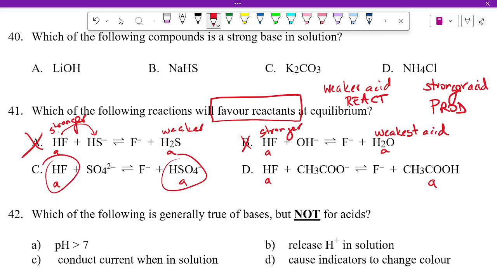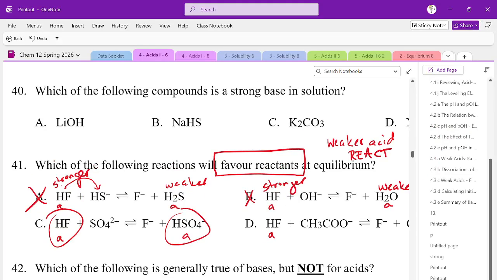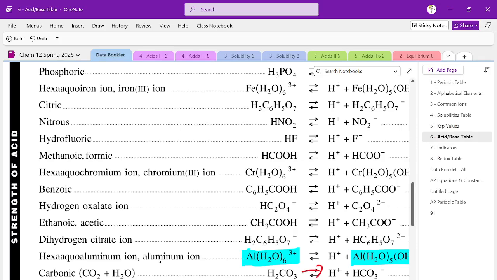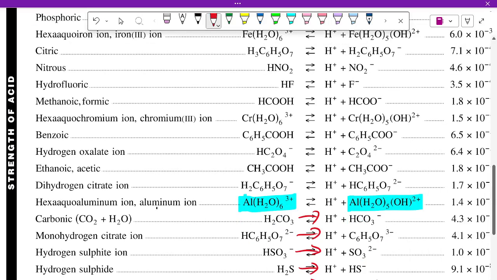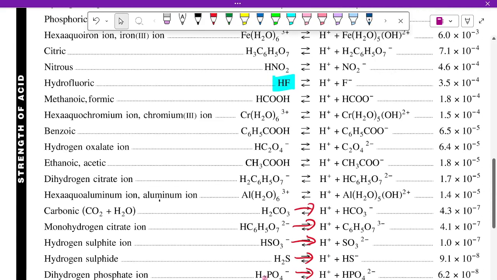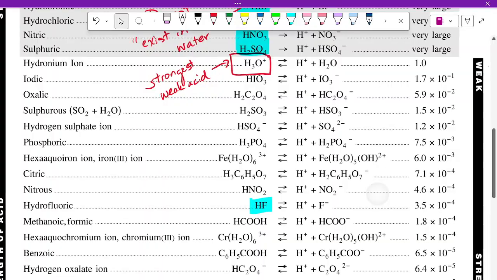Let's go see that one. HF is here. HSO4 is here. So HSO4 is stronger.